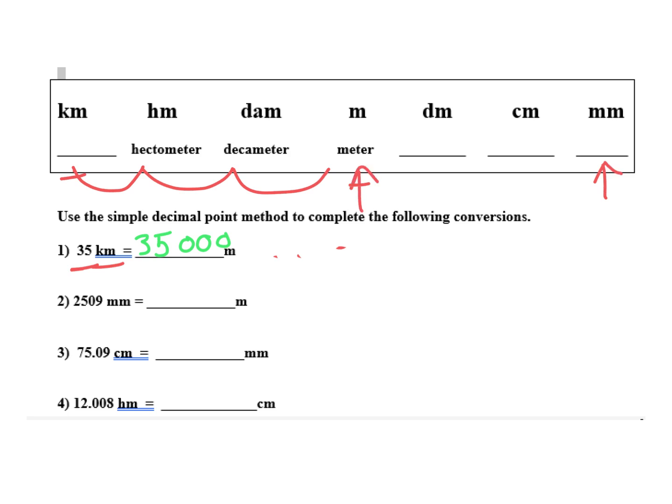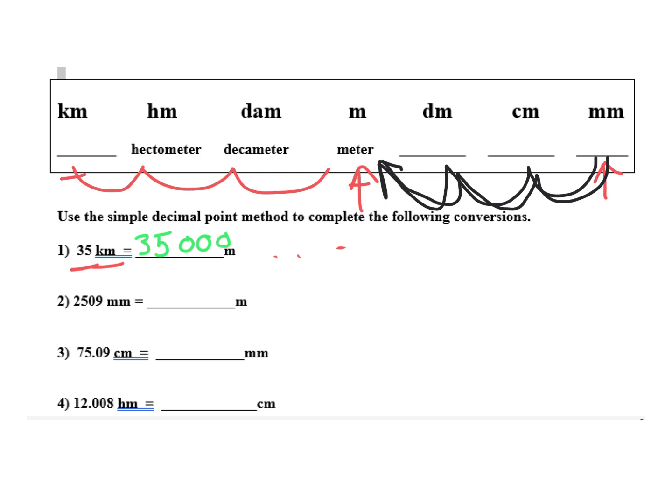So we're going to move the decimal in the same direction that we would have to move on the chart to get from millimeters to meters. One, two, three places. Again, I started here. 1, 2, 3 places to my left gets me to meters.